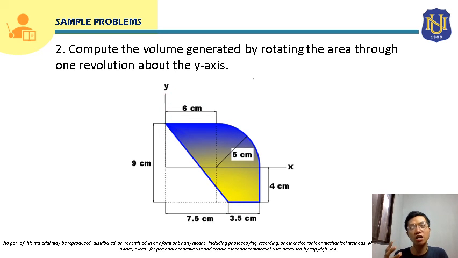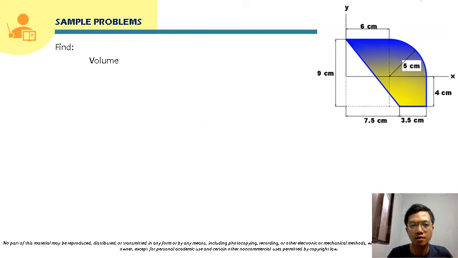Since we are going to revolve an area, there will be a generated volume. So that's actually what we are going to solve here, the volume generated by revolving this shaded area about the y-axis. So to solve this, we are going to apply Pappus' second theorem.